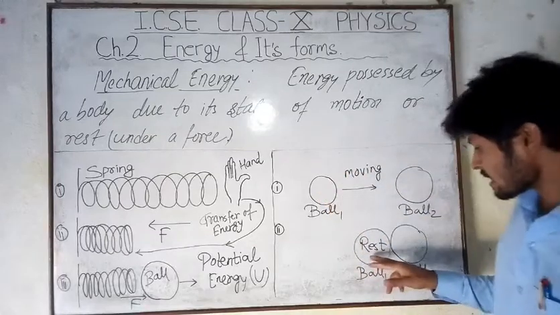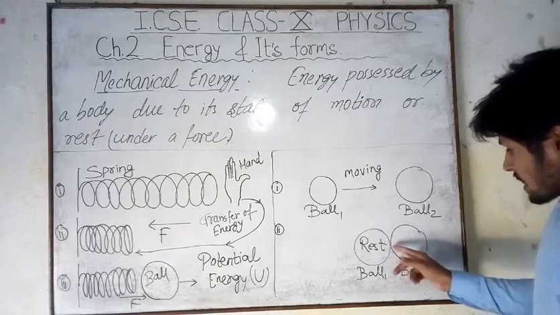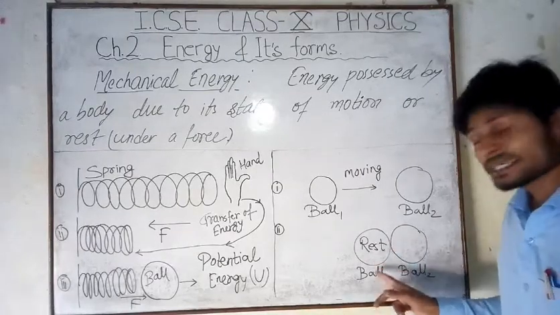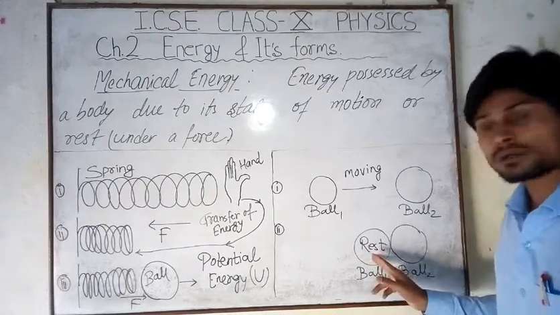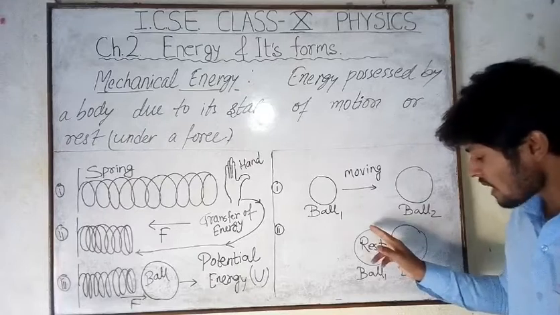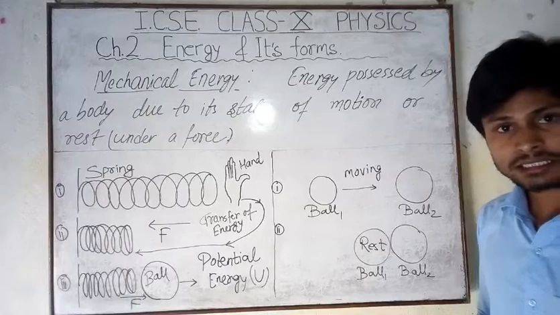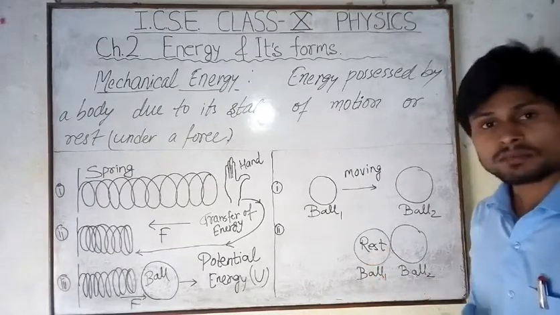If you see here, the ball 1 is at rest, and the ball 2 is in contact with ball 1. But ball 1 is at rest, so there is no application of force by ball 1 to ball 2. So that means this ball 1 has zero energy, as it is not in motion, as it is in the state of rest.